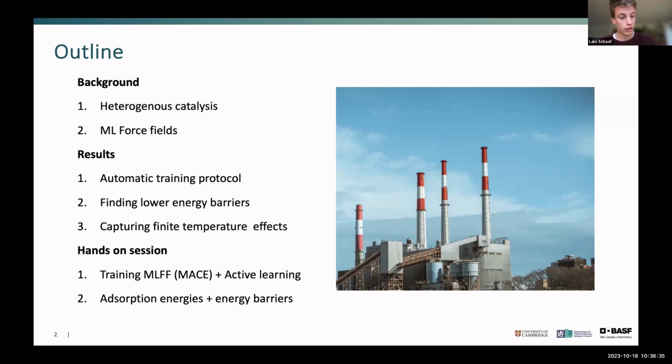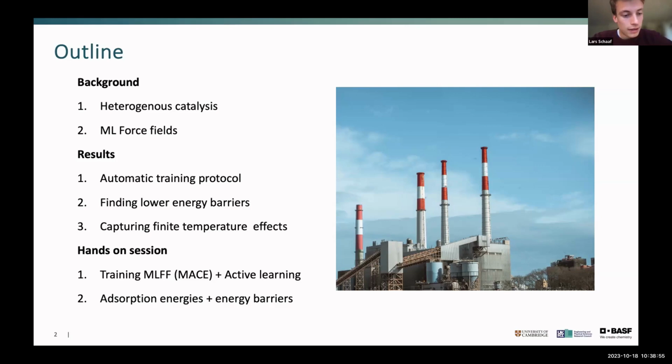So I'll focus a lot on that as this is a hands-on session. And then I'll also talk about all of the interesting science questions we can now answer with a cheap but accurate sampling tool. So finding lower energy barriers and capturing finite temperature effects with large sampling.